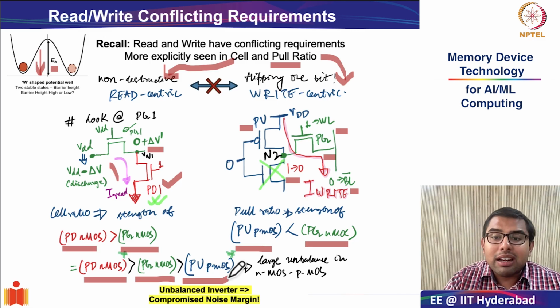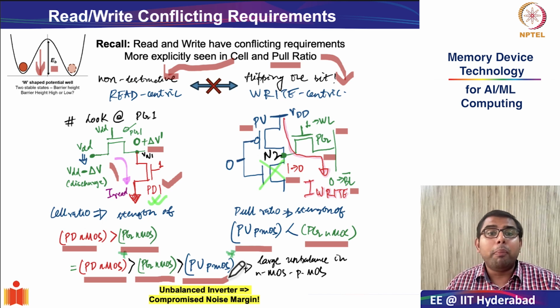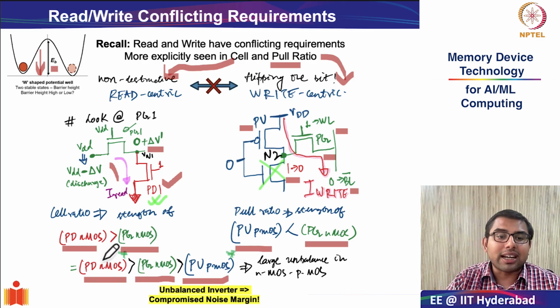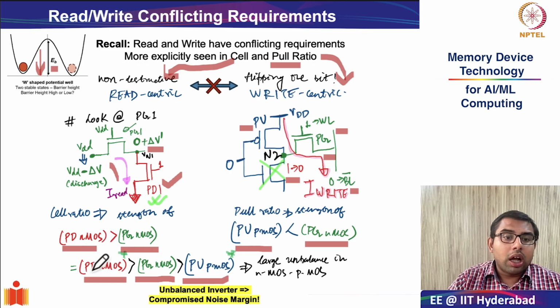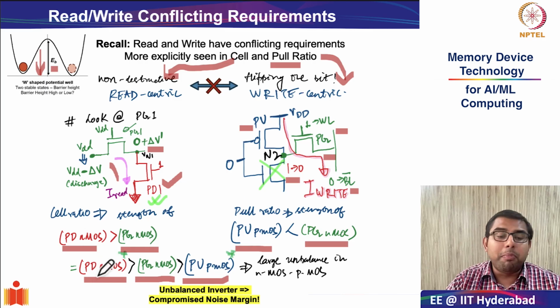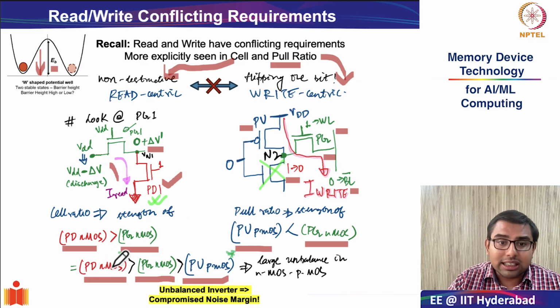Now, immediately, as you can see, there is a big problem in trying to accommodate both good cell ratio and good pull ratio. And that is the fact that if the strength of PD NMOS and the strength of pull-up PMOS in the inverter structure is very imbalanced, as this equation seems to suggest, this will create problems in your noise margin.